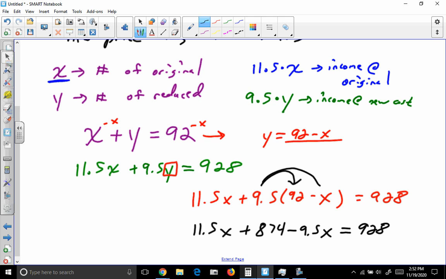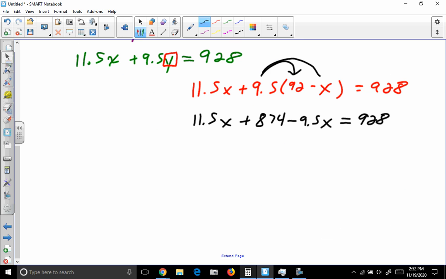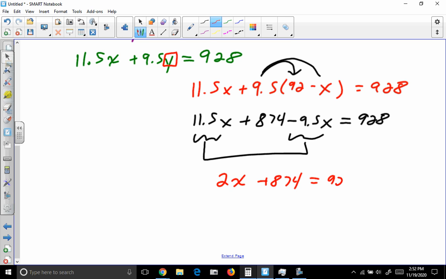So now that we've cleared parentheses, we want to combine like terms. And again, we're not doing opposites. We're not adding 9.5 here and here. Since they are on the same side, we just collect them. 11.5x is here. Later, we take away 9.5. So that gives us 2 x's. We also have 874 equals 928.